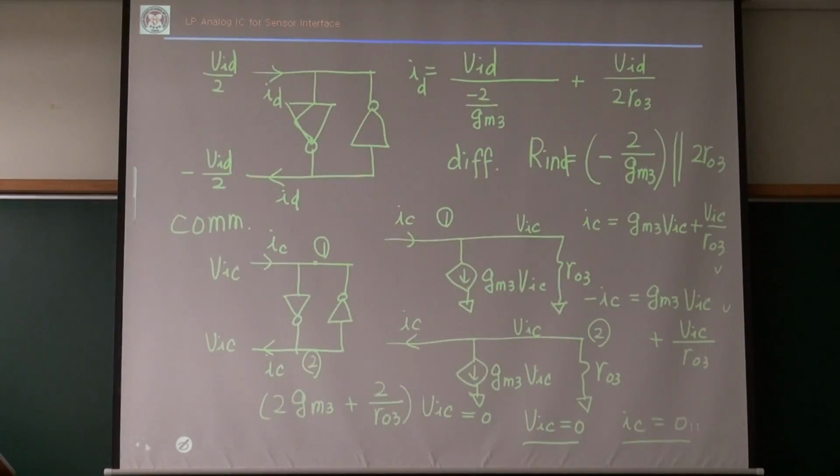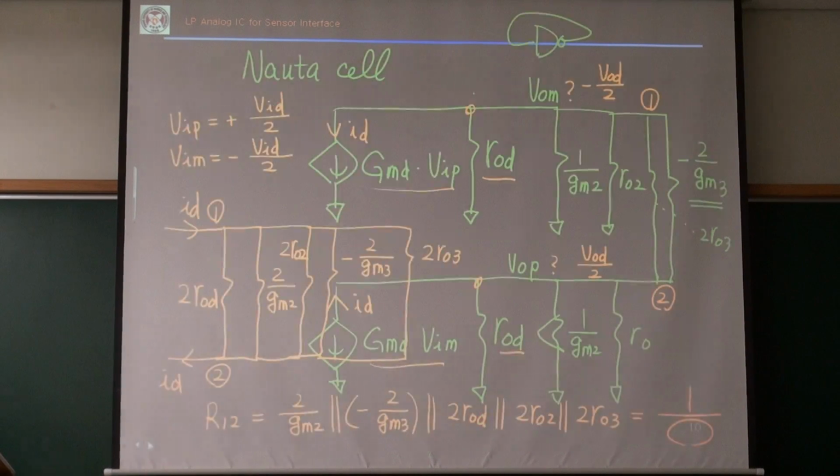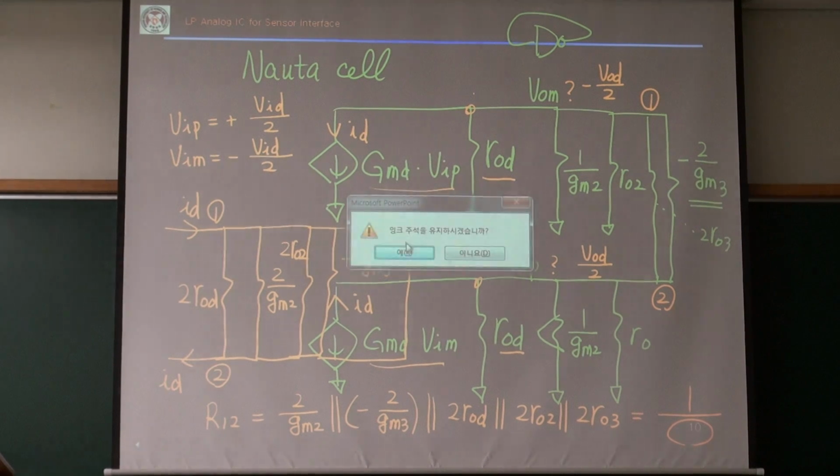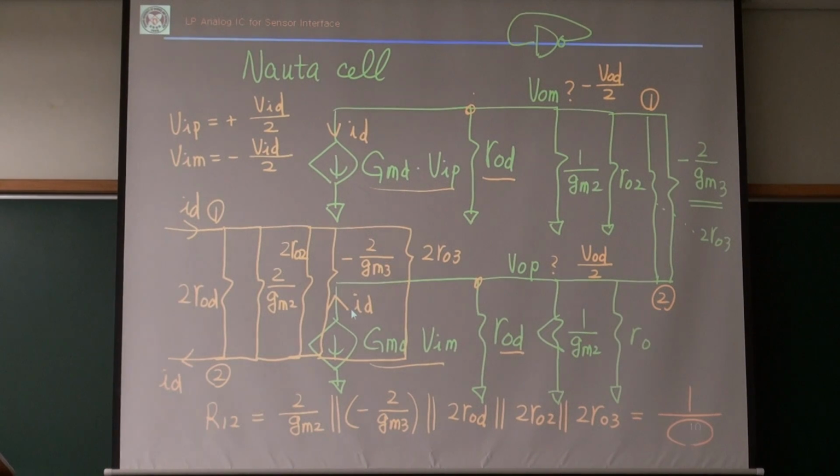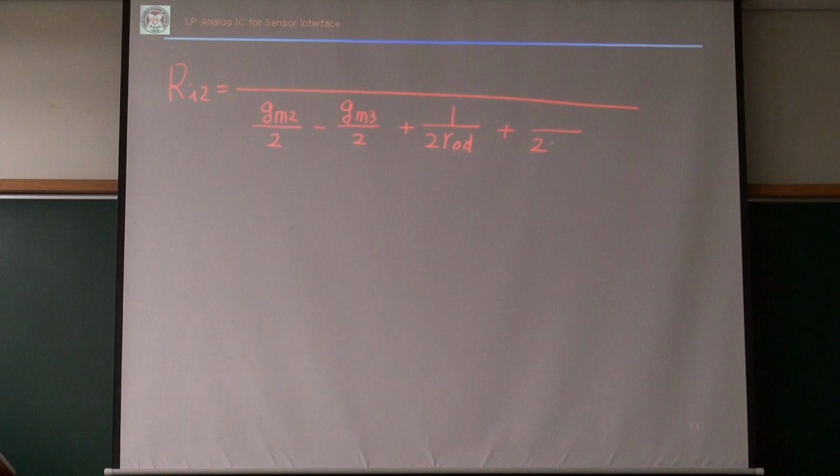I need more space. So my Ri2 equals the inverse of half GM2 minus half GM3 plus 1 over 2 RO driver, 2 RO2 and 2 RO3.